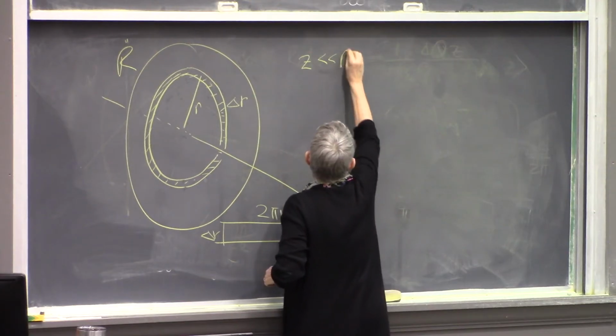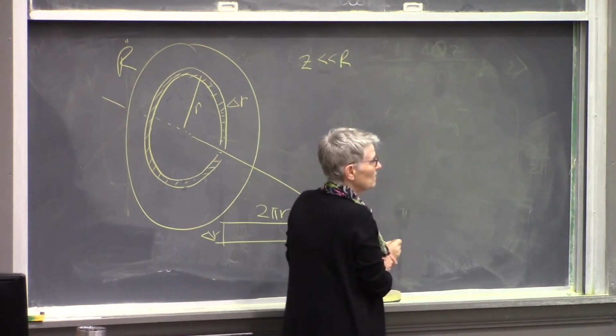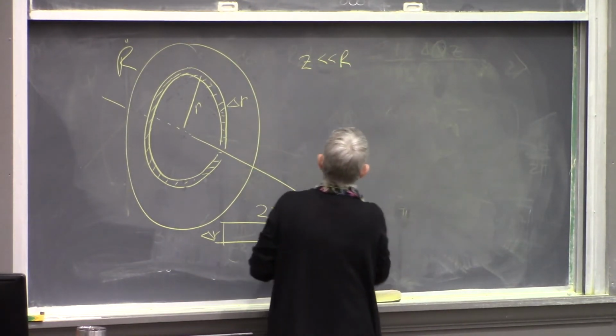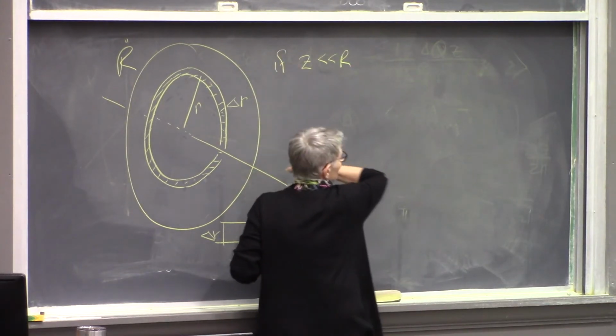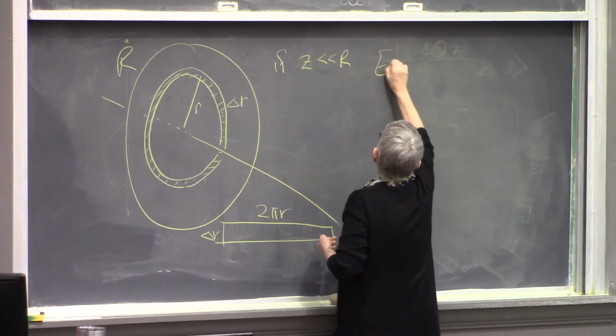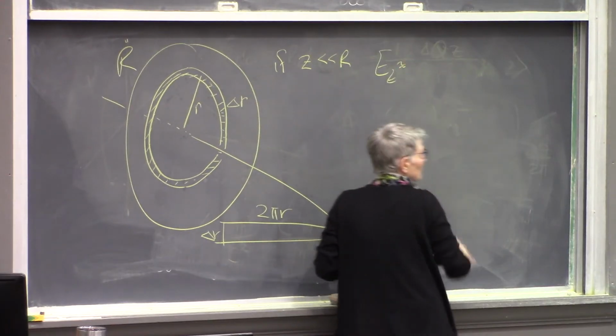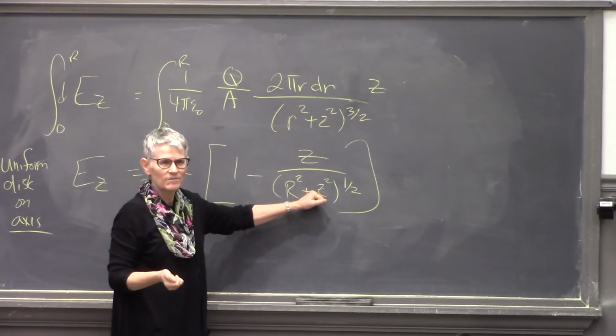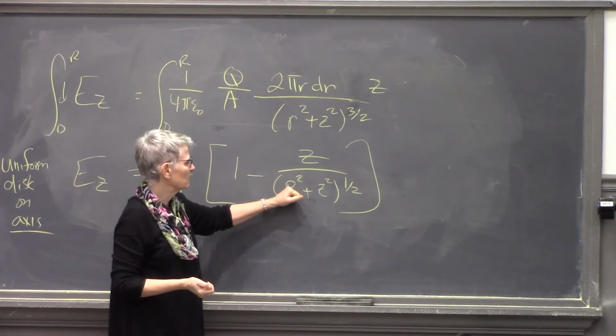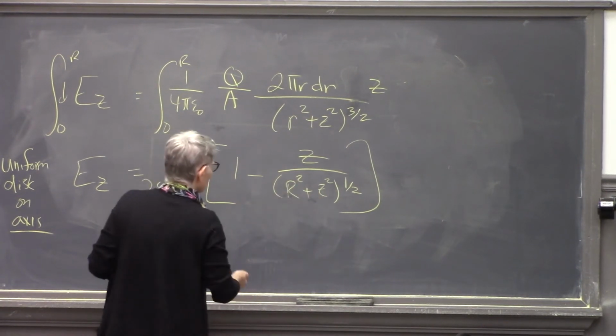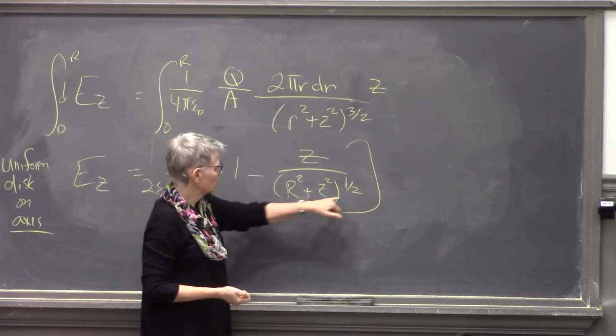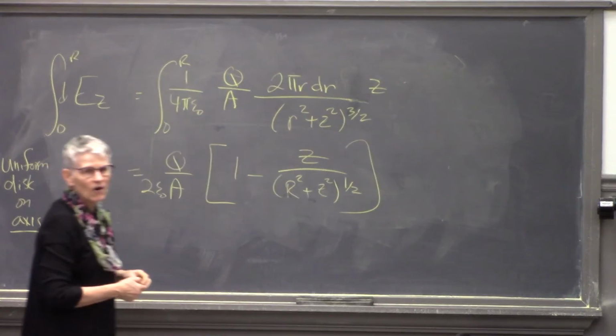Well, let's say z is less than R. So if z is less than R, this z is negligible compared to R, so we get the square root of R squared, which is just an R, right?